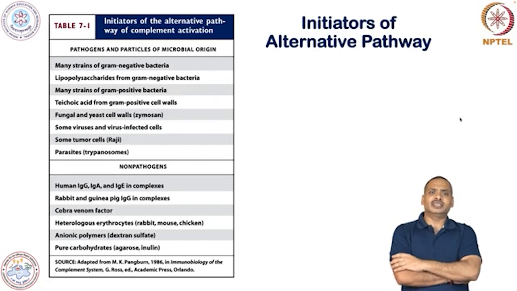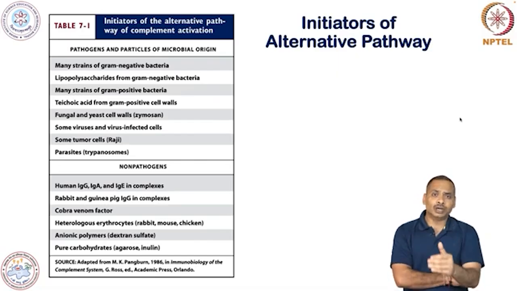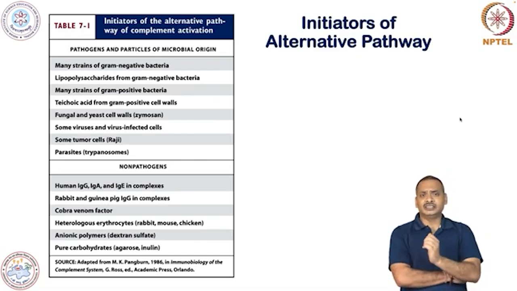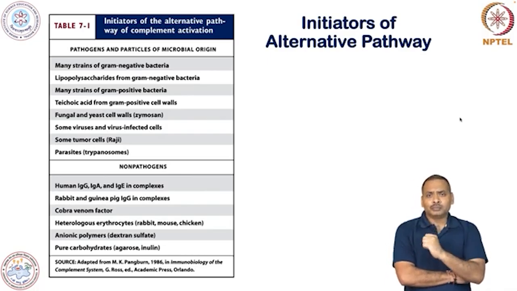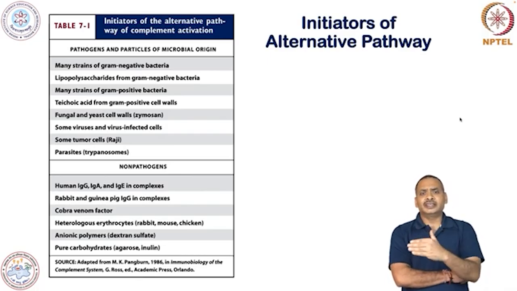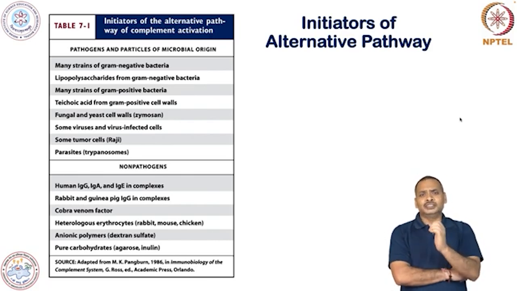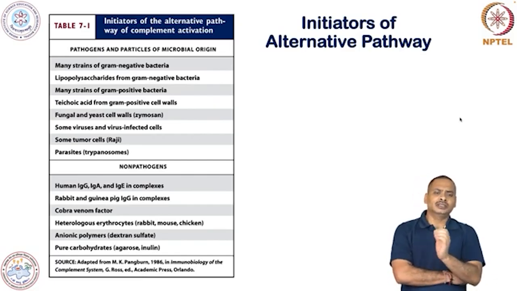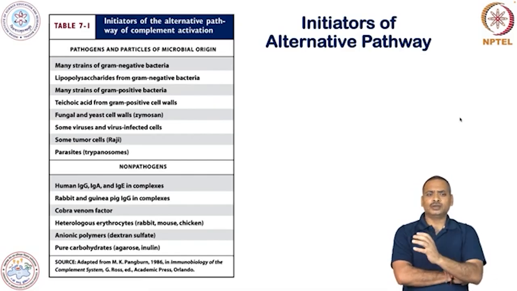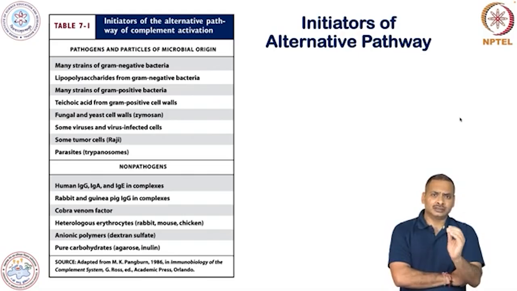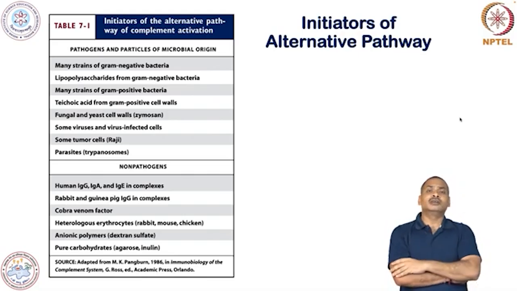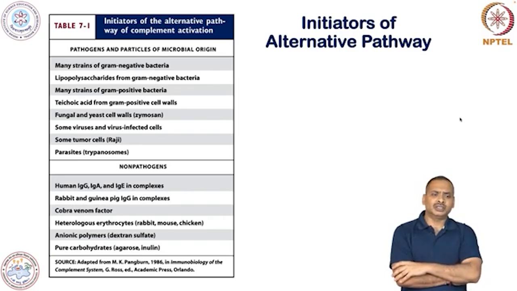Here you can see that there are some immunoglobulins, like IgG, IgA and IgE, which in complexes can trigger the alternative pathway. Immunoglobulin G in complex form, originating from rabbit and guinea pig, can also trigger the complement pathway.